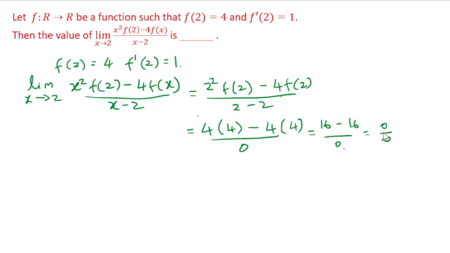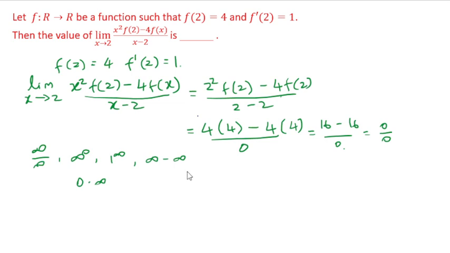This value is called an indeterminate form. There are more indeterminate forms like this, like infinity by infinity, infinity power 0, 1 power infinity, infinity minus infinity, and 0 into infinity.